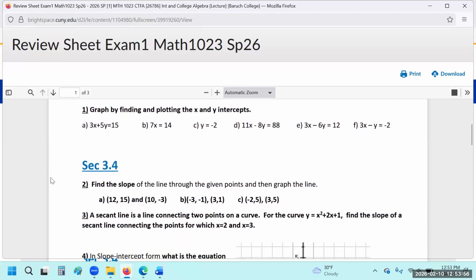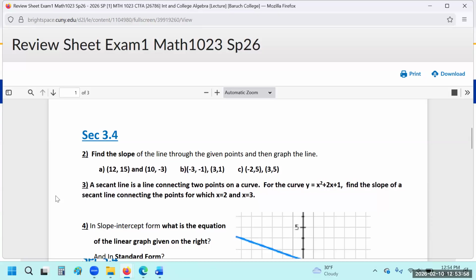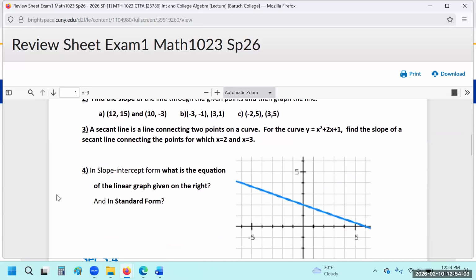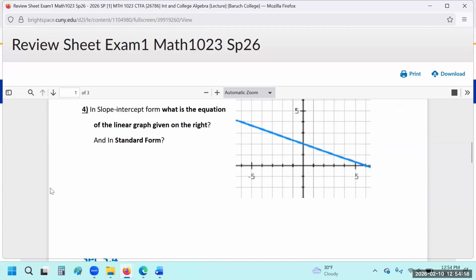And then in 3.4, you have finding the slope and the secant line. You're going to see both of them. Plus, you're going to be given the graph of the line and find out the equation. Maybe I will ask both versions, or maybe probably one version. Not sure yet. I didn't make the exam yet.